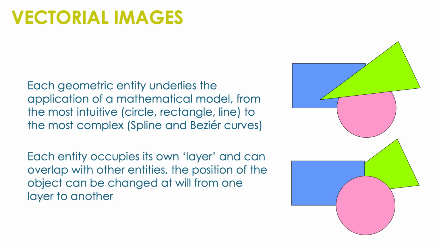Each entity occupies its own layer and can overlap with other entities. The position of the object can be changed at will from one layer to another layer. We can easily notice how object-oriented images are very appropriate for image manipulation with respect to other paradigms, like raster. Common uses include logos and illustrations.